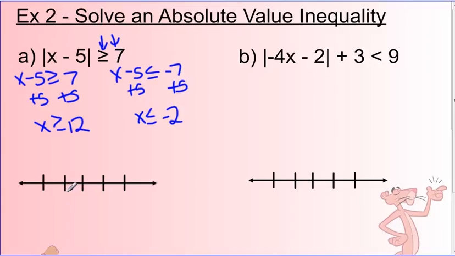How about this? 0, negative 5, 5, 10, 15. That puts 12 here. That puts negative 2 there. As long as you show me what numbers you're labeling here, you're putting your dots at, we're good. So there's 12, there's negative 2, both needed solid dots.